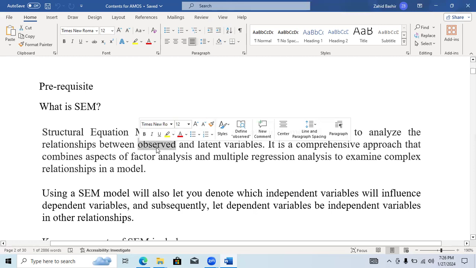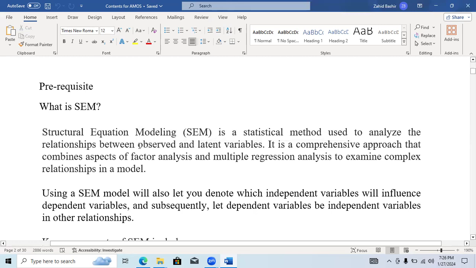So the observed variables are those indicators which are directly measured, while the latent variables are the constructs that you measure through the observed variables. So these are indirect measurements. Your latent variables are the constructs which are measured from the observed variables.